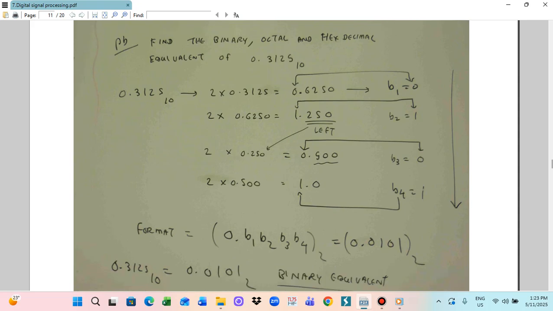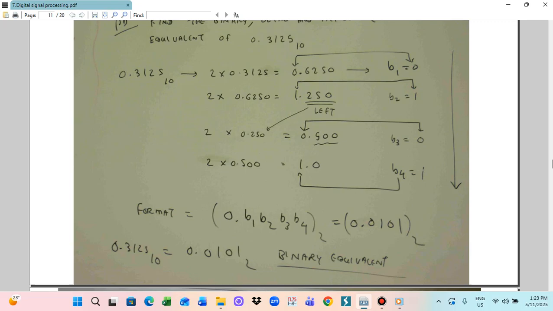So bit 1 is 0, bit 2 is 1, bit 3 is 0, bit 4 is 1. So it is 0.0101 base 2. So this is for the format.